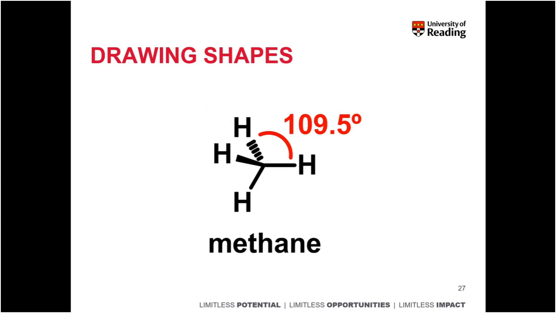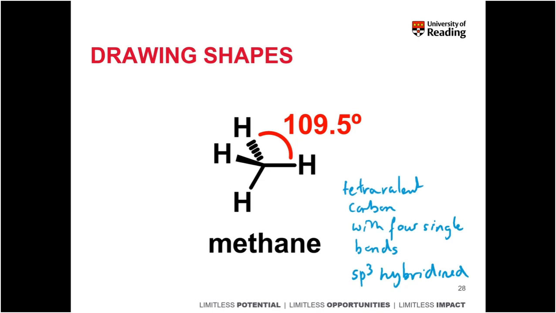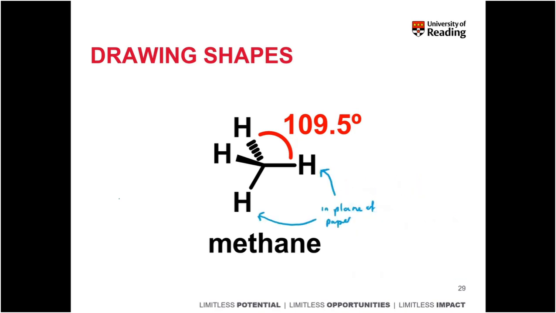So this is methane, which we've met many, many times during these few lectures. The carbon atom in methane is tetravalent. It has 4 single bonds attached to it, and it's sp3 hybridized. You'll notice though that we've drawn these bonds, even though they're all the same, in a slightly different way.